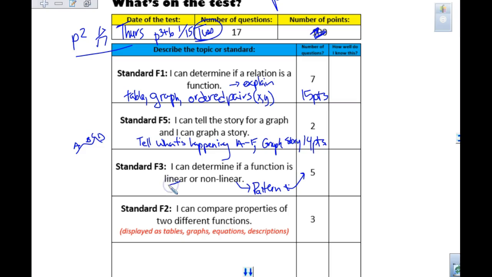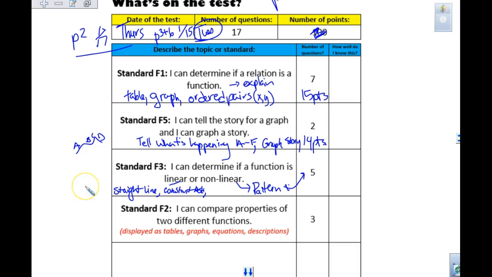For something to be linear, the key things that we are looking for is a straight line. We're looking for in a table constant addition. And if we're looking at our equations, right?